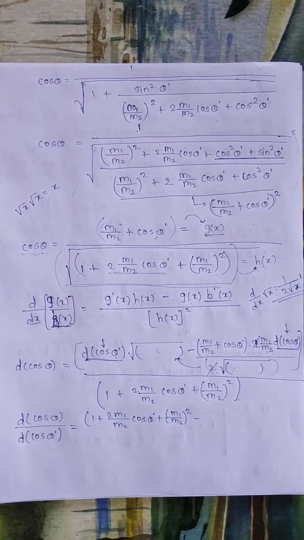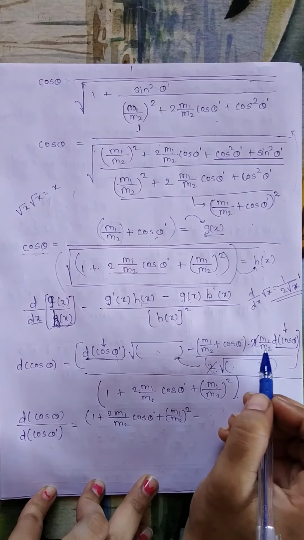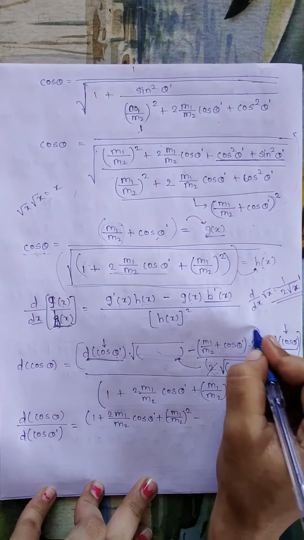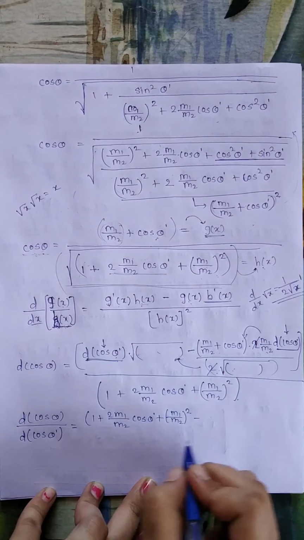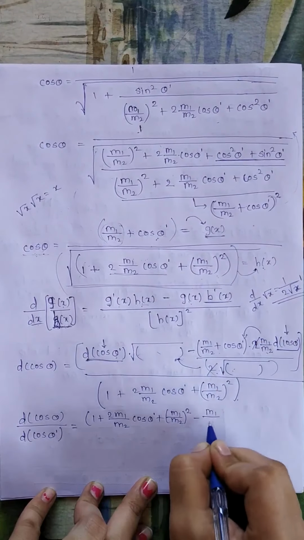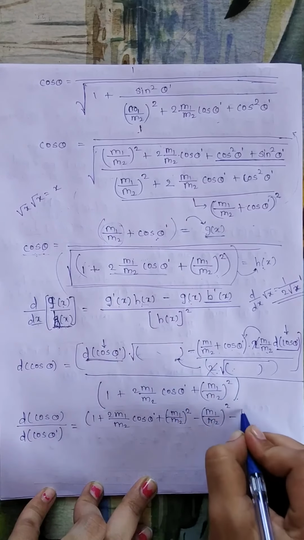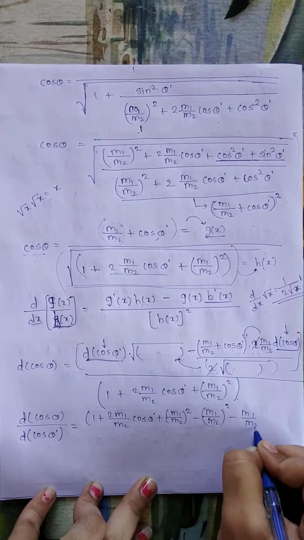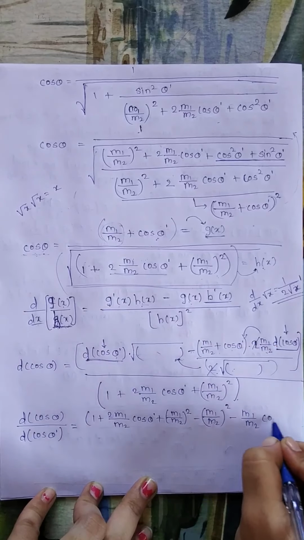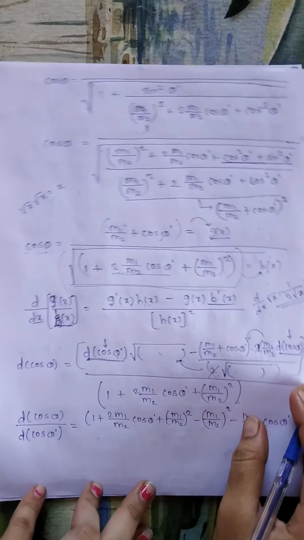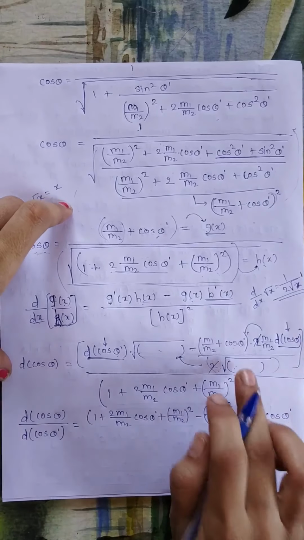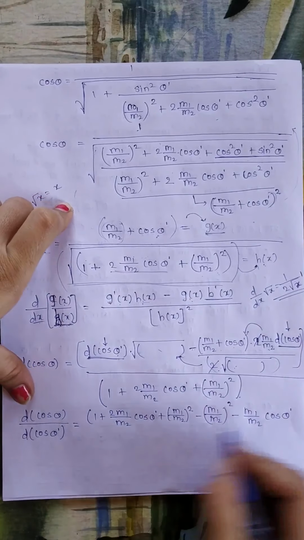We will solve this bracket, multiply by this m1 upon m2 inside as well as the negative sign. We will get m1 upon m2 square minus m1 upon m2 into cos theta dash, and on the denominator this root.